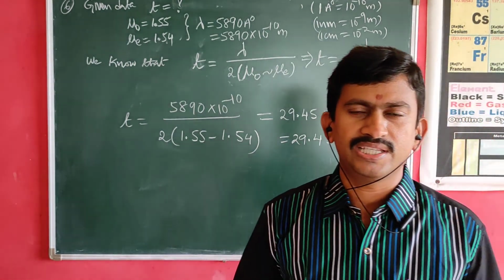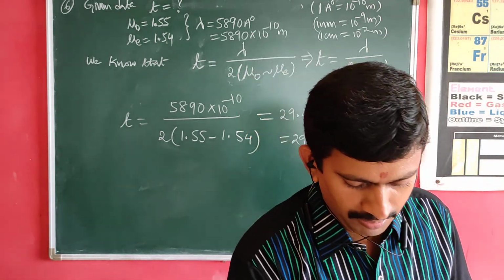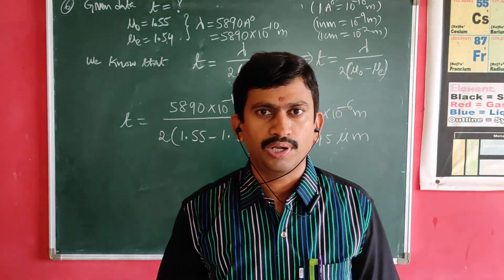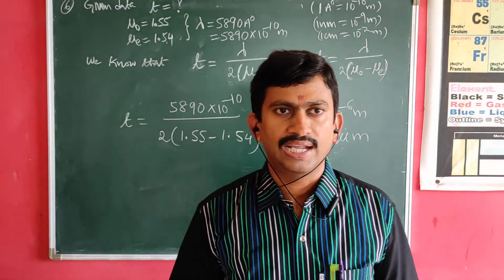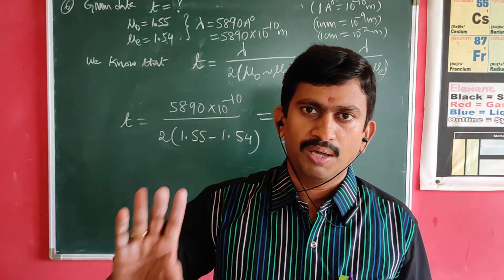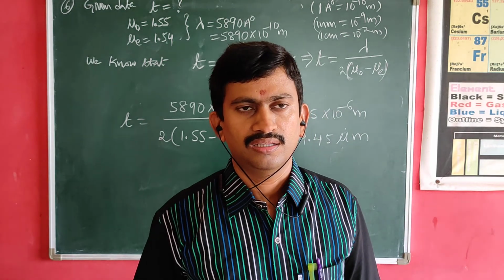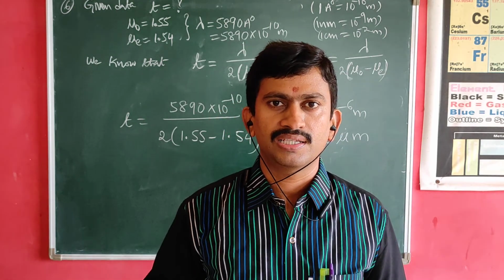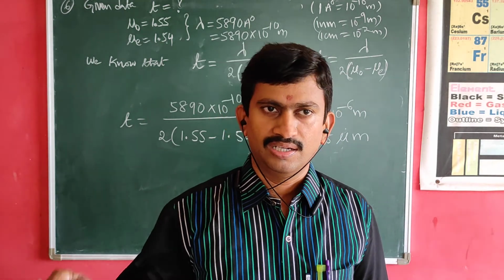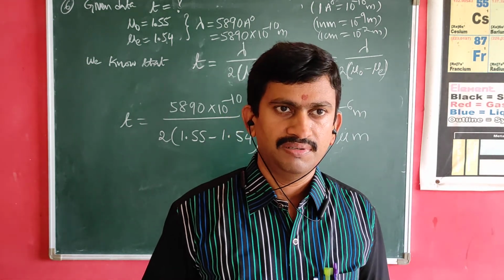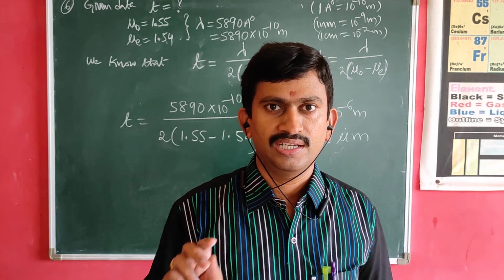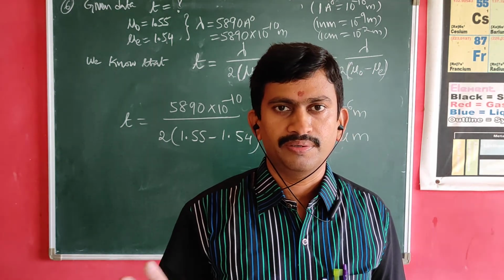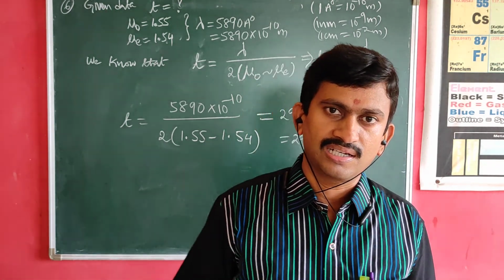So these are all the important model problems in the polarization chapter. Already we completed problems on Brewster's law, that is determination of angle of polarization, angle of refraction, critical angle, as well as Brewster's angle, and the law of Malus, that is intensity calculation, in the last class.